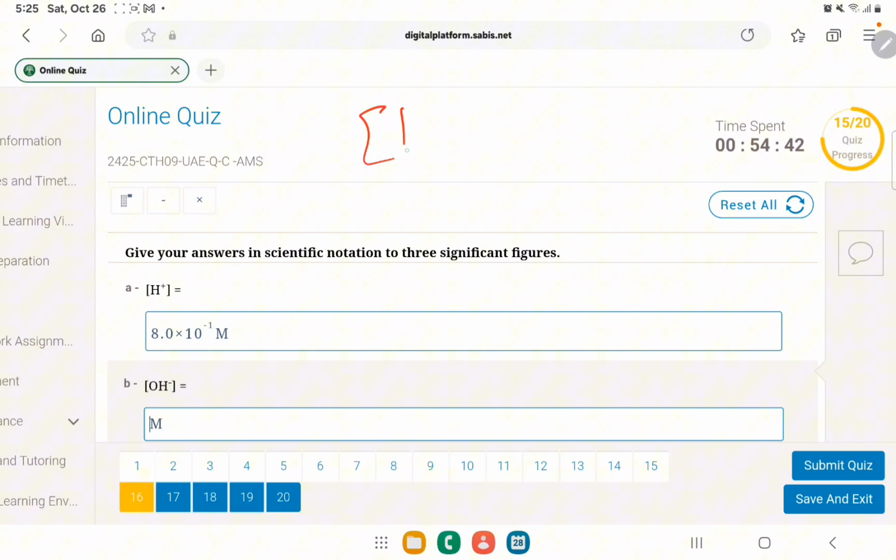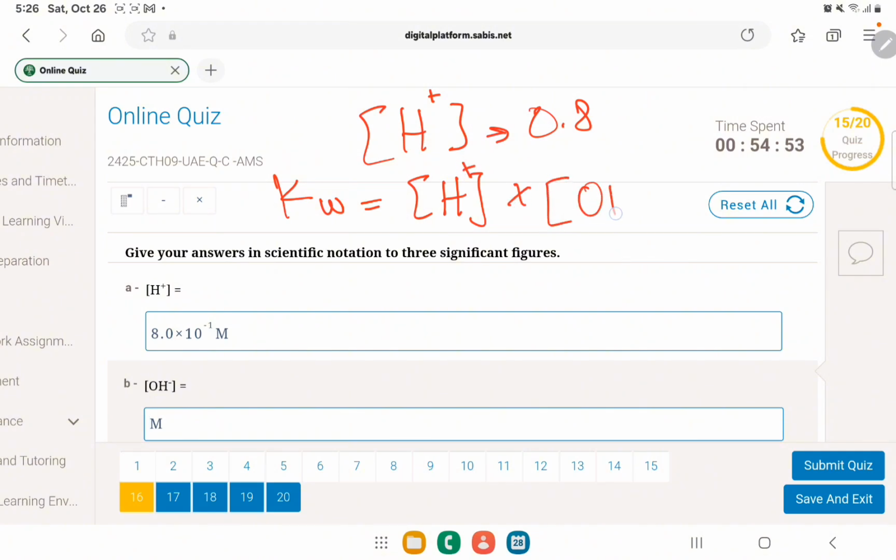So if we have H+, which is 0.8, we use the Kw formula, which is equal to H+ times OH-.